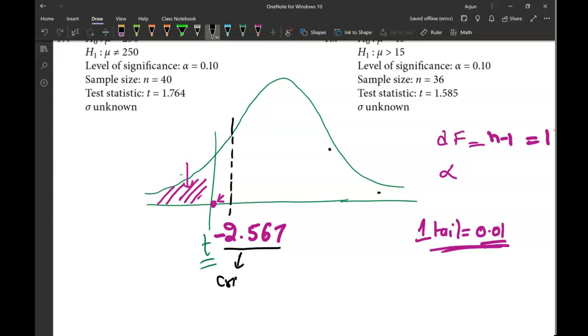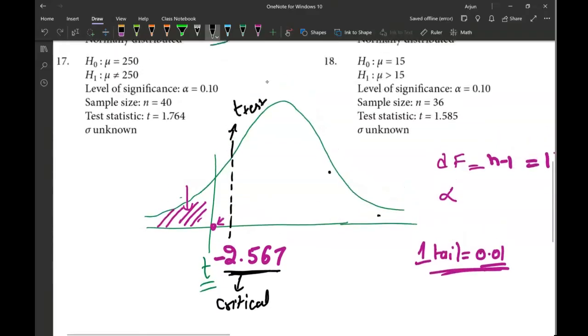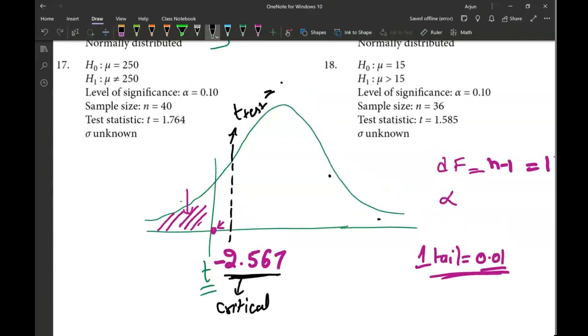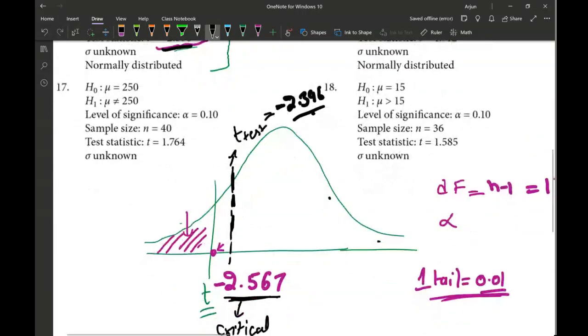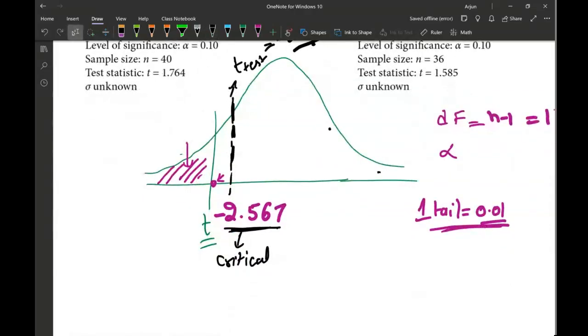This is the critical value, and this is the t test value, which is equal to 2.396. This is on the right hand side of the green value, and this region is the confidence interval region.